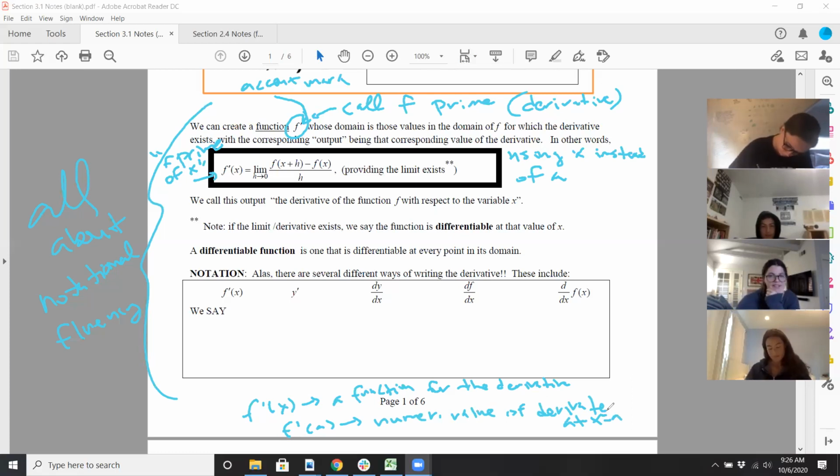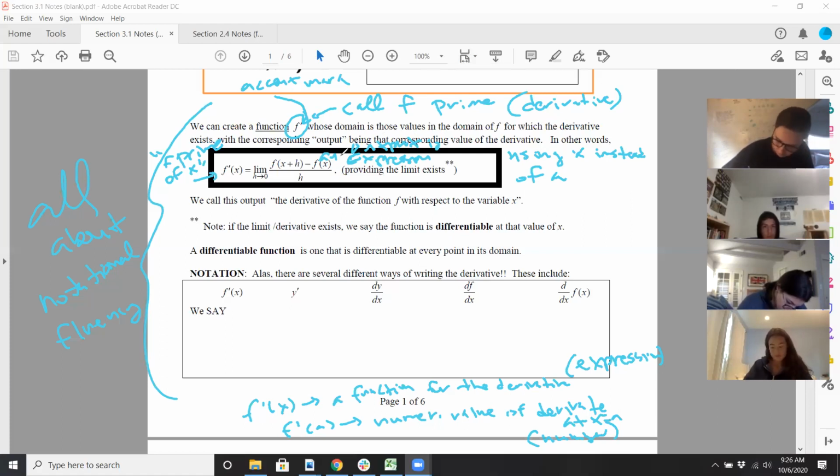So the outcome will be an expression. Where f prime of a is actually going to be a number. So I want to make sure we're clear about that. So what's being expressed in the box here is actually going to be an expression. Your output is an expression. Whereas what we did in the previous section, the output was a numerical value, a number.